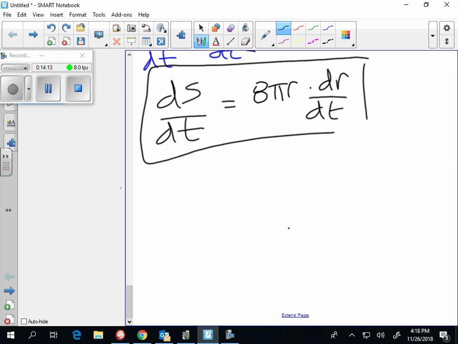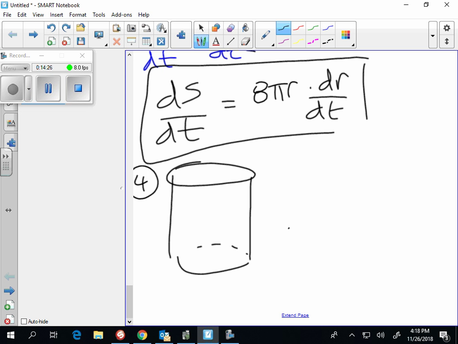Okay. 4. The radius r, height h, and volume V of a right circular cylinder are related by, so there's our radius, there's our height, volume equals πr²h.